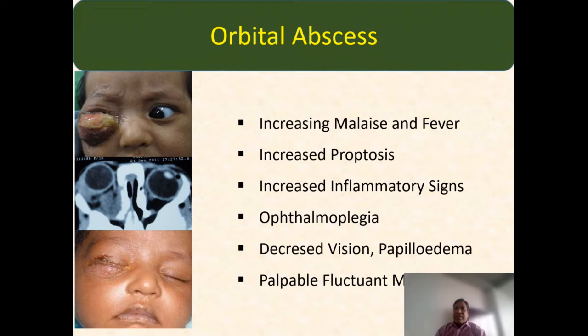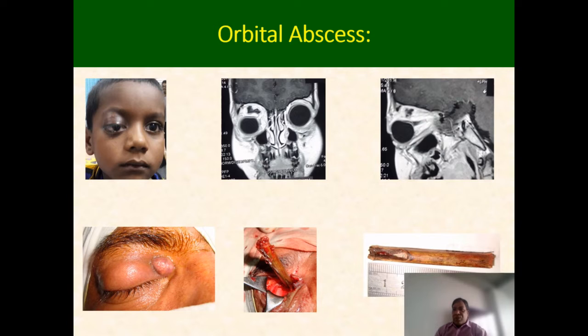Adults are less likely than children to have orbital abscess. Clinical features comprise raised malaise and fever, increased proptosis, increased periorbital inflammatory signs, ophthalmoplegia, decreased vision, disc edema, and palpable fluctuant mass. The most common cause of orbital abscess is orbital trauma with vegetative foreign body.